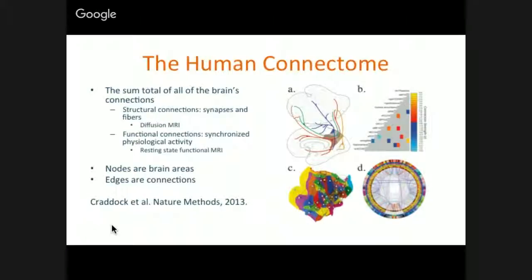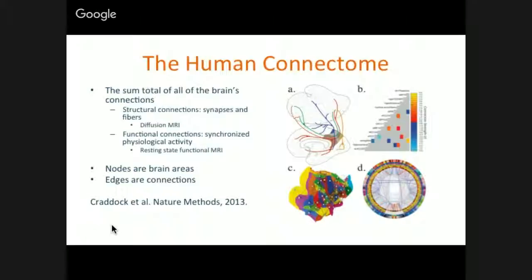But there's some reason why we believe that these areas form a distinct unit of the brain. And between those areas, we have edges that represent their connectivity. For functional connectivity, that edge is indicative of a correlation between physiological processes. If it was structural connectivity, it would actually be a biological connection, like from DTI. Right? But that's sort of the basic idea of what a connectome is.